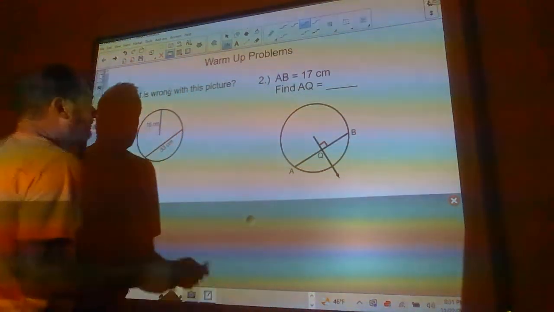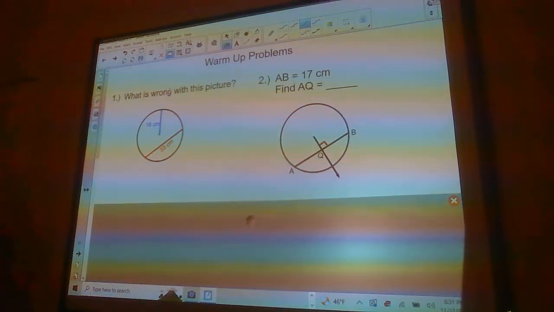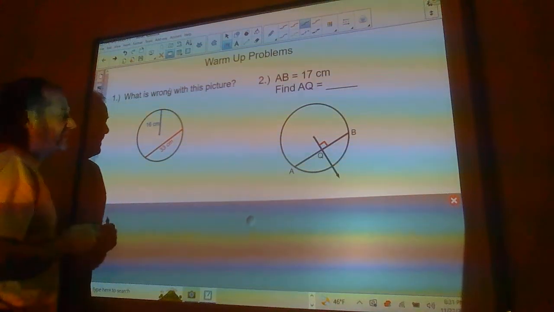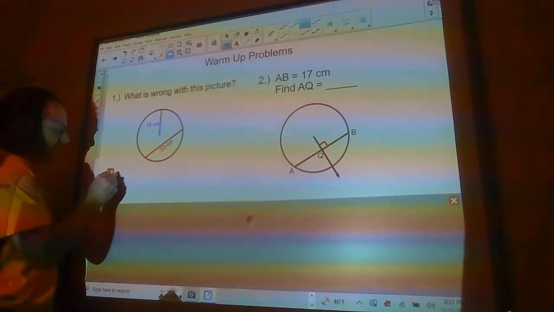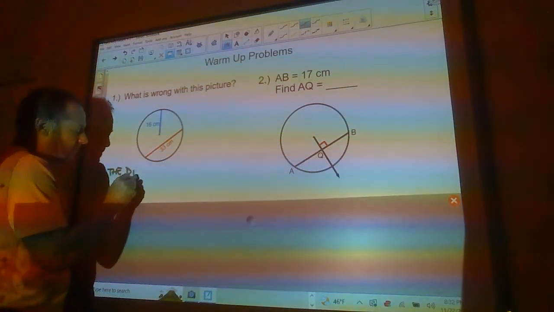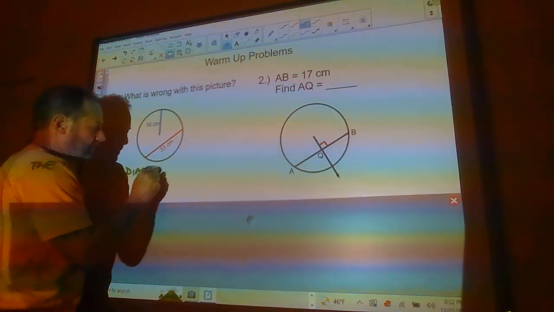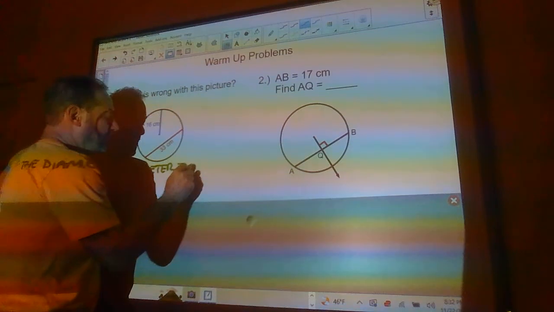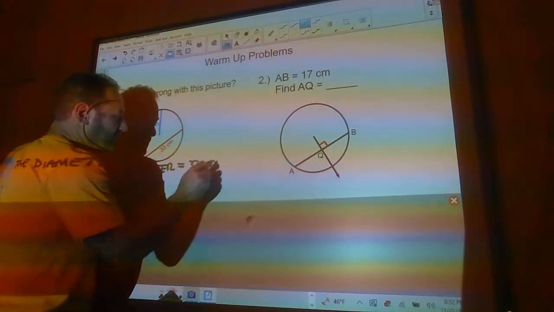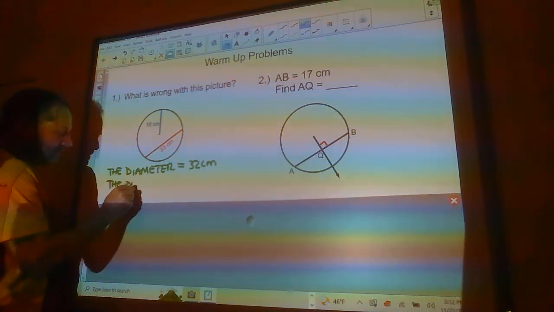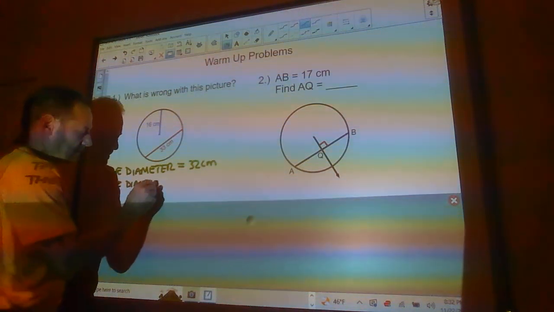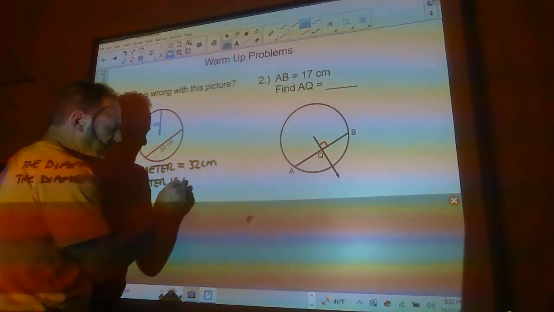Okay, this first question right here, what is wrong with this picture? Well, hopefully you notice that the radius was 16, which means the diameter would then equal 32 centimeters. The diameter is the longest chord.